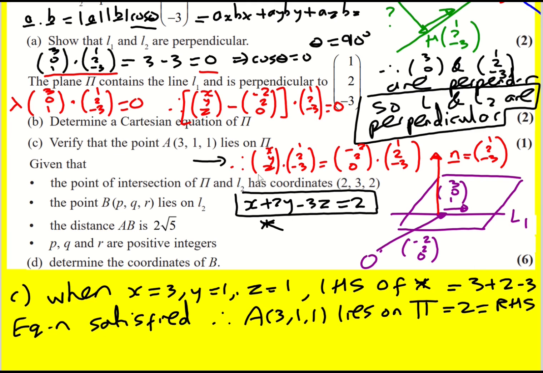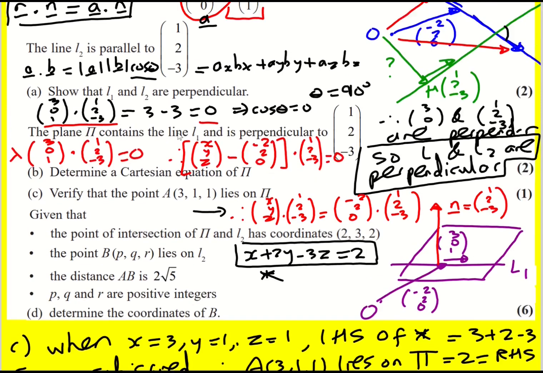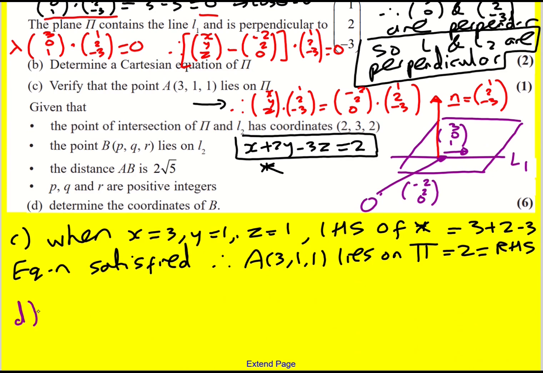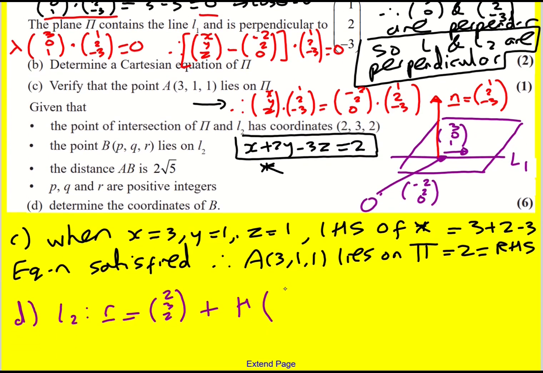Finally, we're given that the point of intersection of the plane and L2 has coordinates (2, 3, 2). Actually, what this is really telling us is how we can get onto L2, because remember at the start we had that L2 was parallel to it. So now I can write down the equation of L2. r is going to equal (2, 3, 2), the position vector to get onto the line, plus some scalar multiple, I'm going to use mu instead of lambda, times that vector (1, 2, -3).